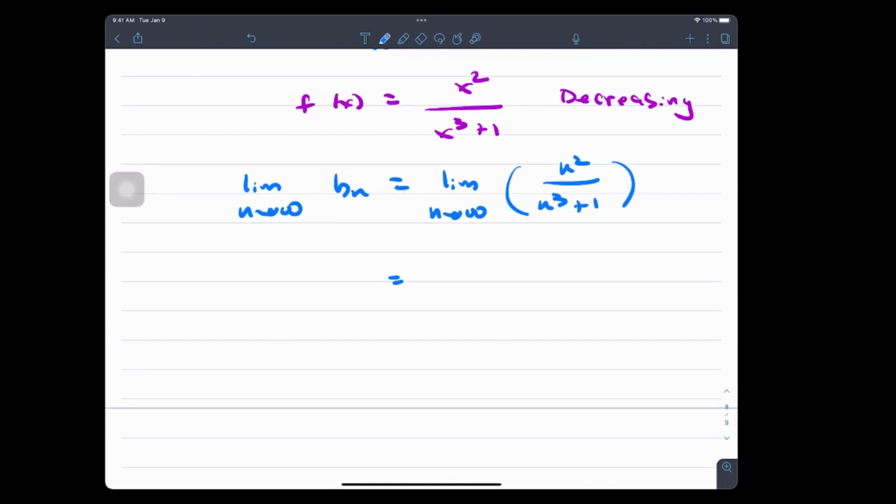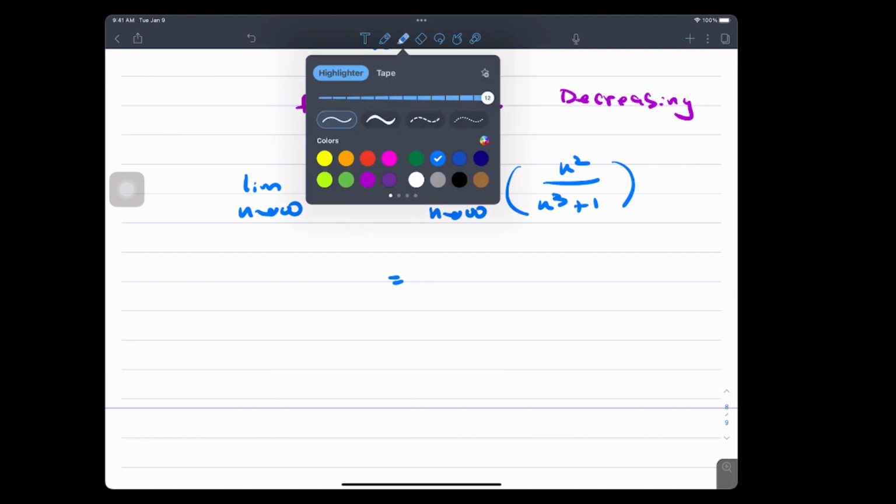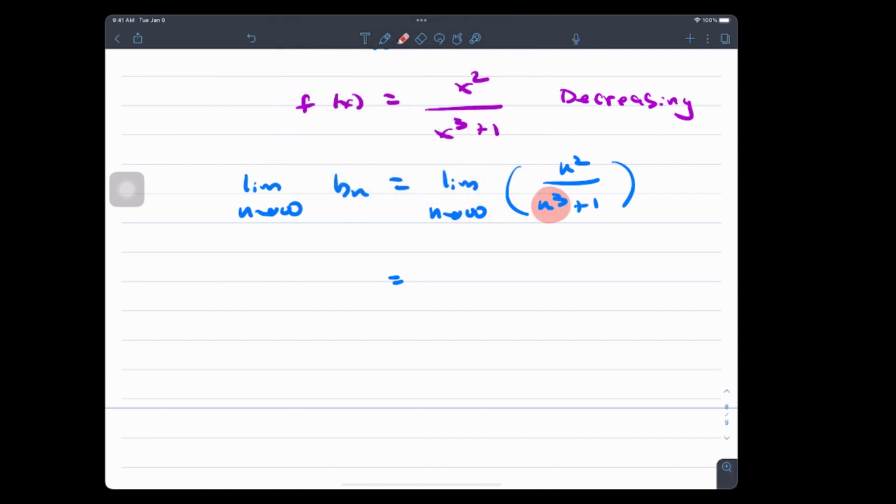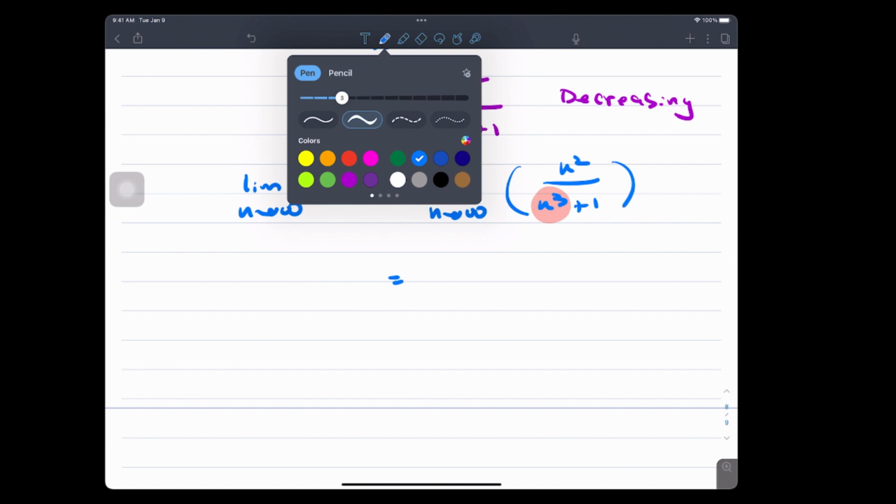Okay, so you can actually do calculus 1 here by dividing every term by that n cubed. Right?